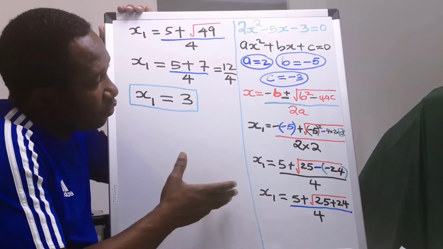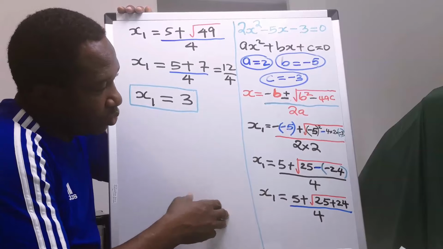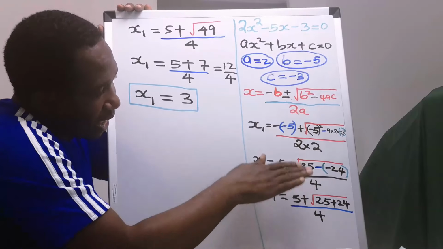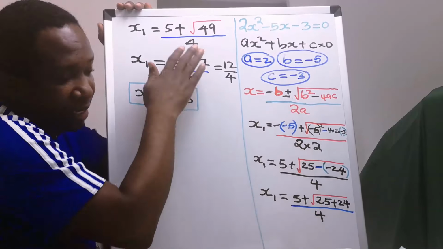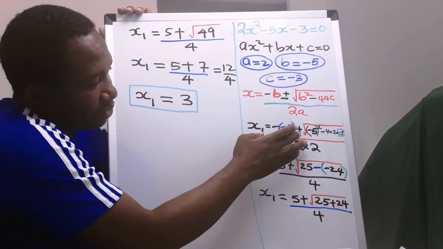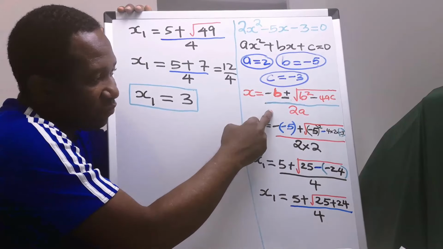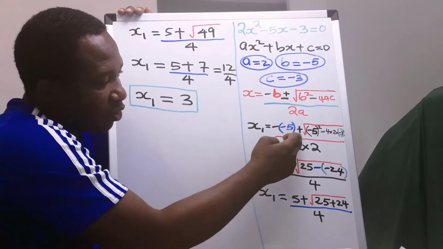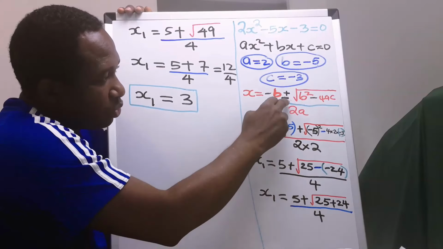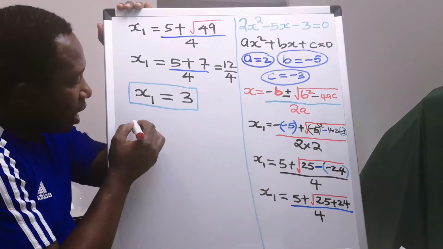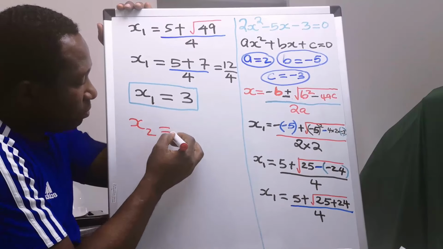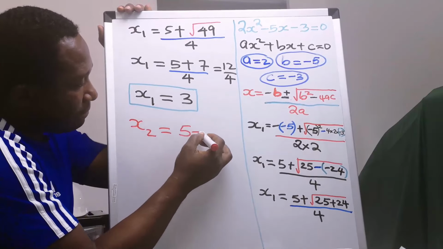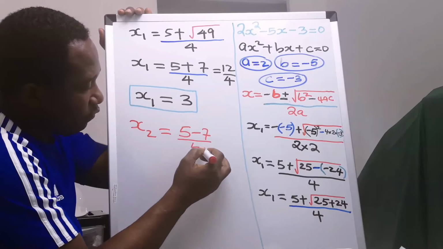Next, we're going to look for the second root, which is the one with the minus. Everything we have done here is the same for the minus using this quadratic formula, except that instead of plus, this time around we are going to use a minus. Now, our x2 will become 5 minus 7 over 4.